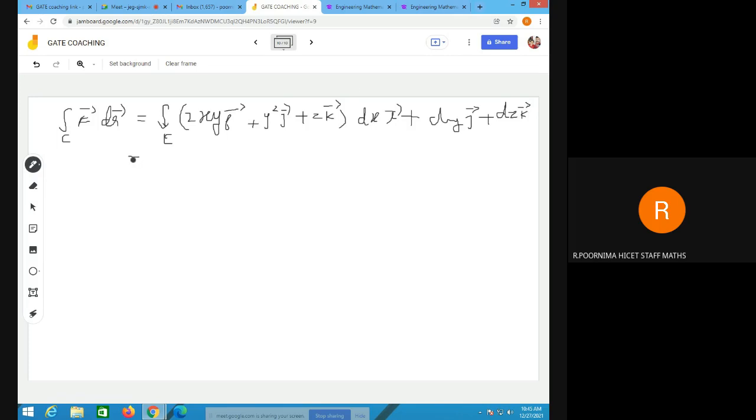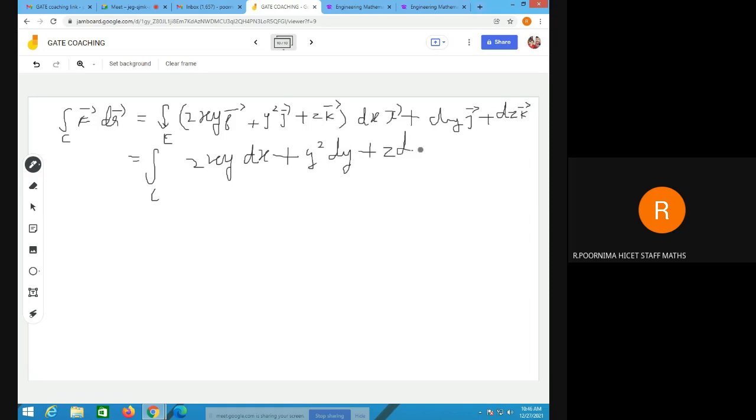So that is integral over C 2xy into dx plus j dot j, that is y square into dy, plus k dot k, z into dz.